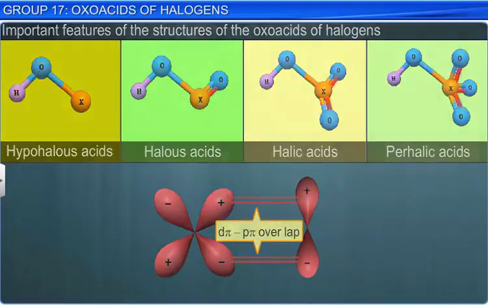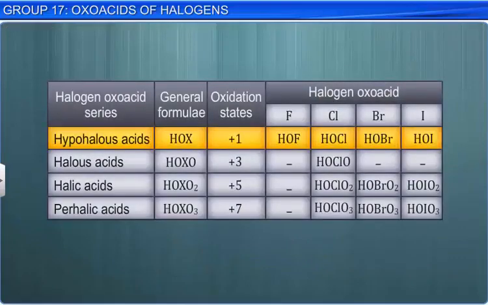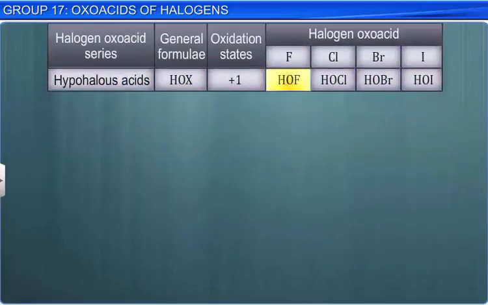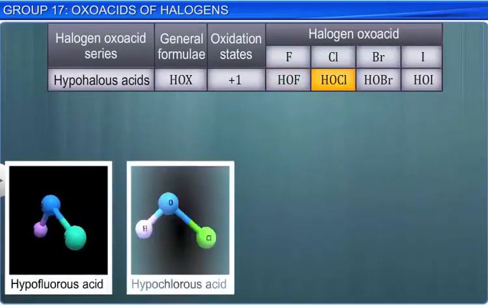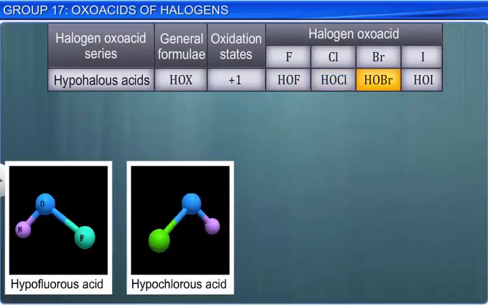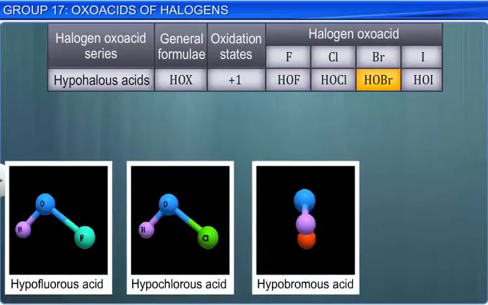The first series, that is, hypohalous acids, include hypofluorous acid, hypochlorous acid, hypobromous acid, and hypoiodous acid.